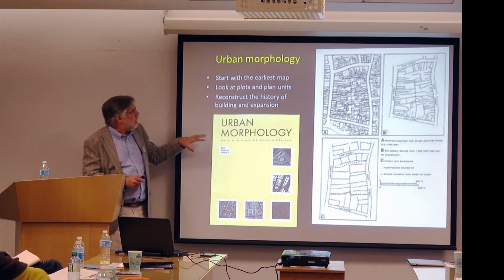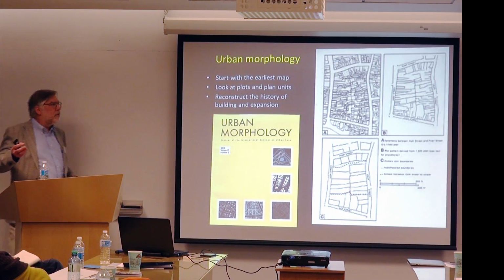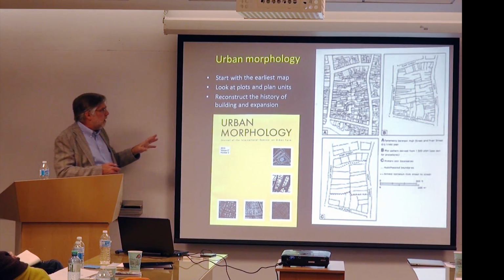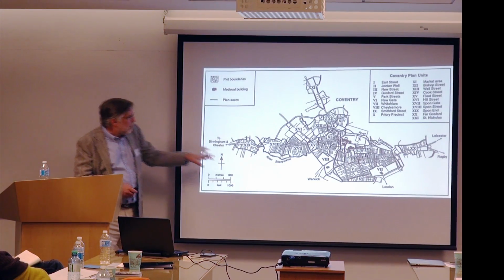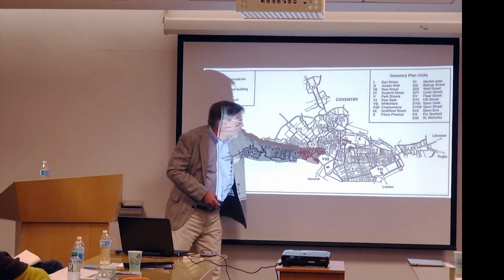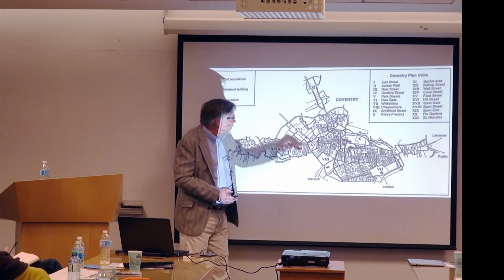But basically, you take the earliest historical map, and these are Ordnance Survey maps in Britain. You look at the plots and the plan units and reconstruct the history. This is Coventry. These units are called plan units, and within each plan unit, you can see the plots.